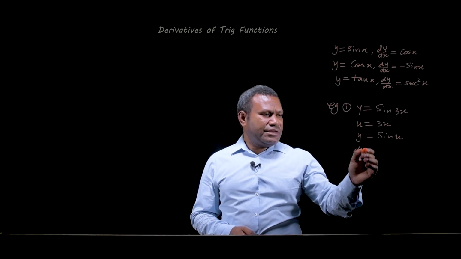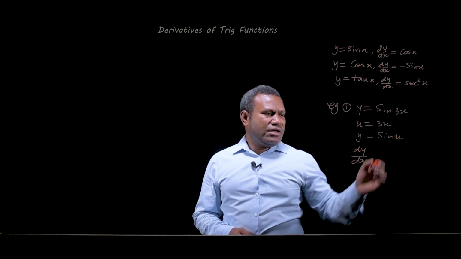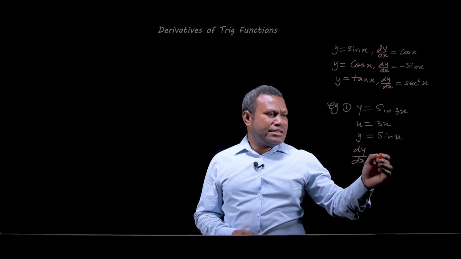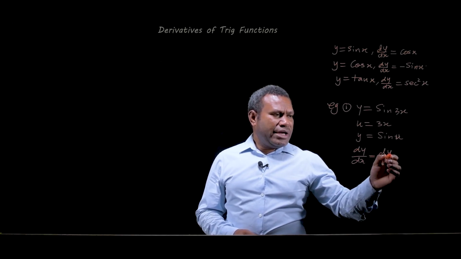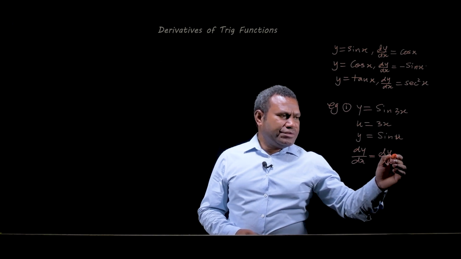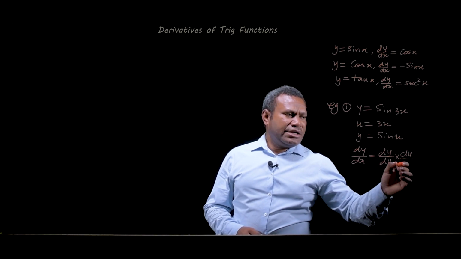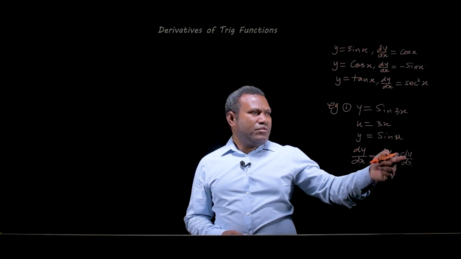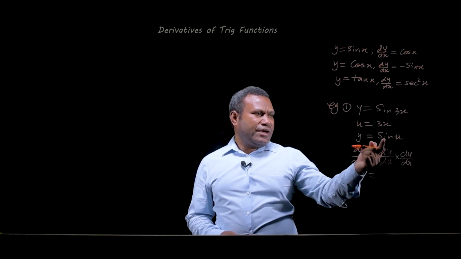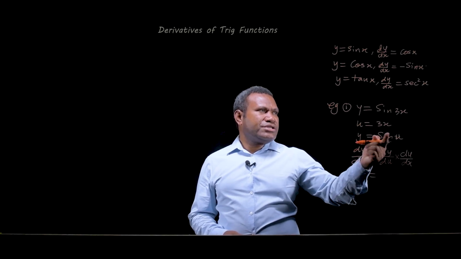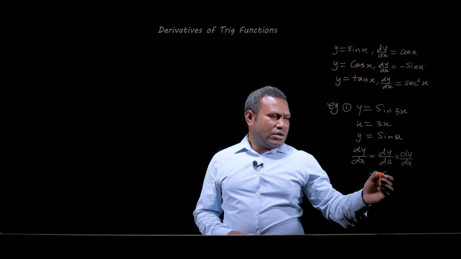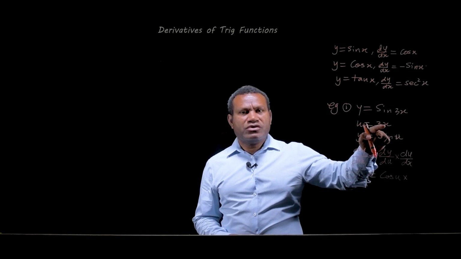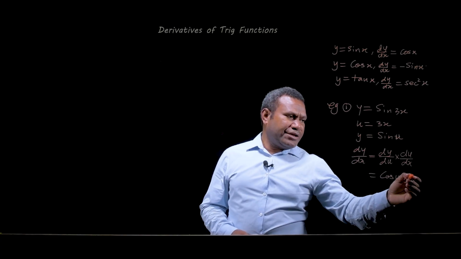By applying the chain rule, if you can recall it from our previous lesson, the derivative will be dy over du multiplied by du over dx. Substituting in this formula, firstly we find the derivative of y equals sine u, which is cos u, multiplied by the derivative of u equals 3x, which is 3.